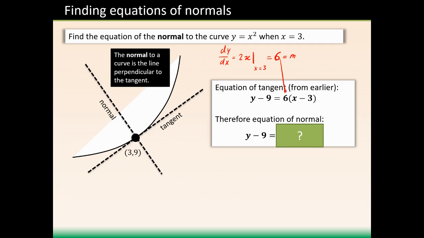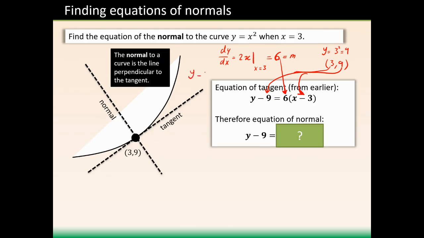We're going to put that into the equation of a straight line and use the point where y is x squared, 3 squared is 9. So this is the coordinate (3, 9). This 3 goes there, and that 9 goes here into the equation of a straight line.